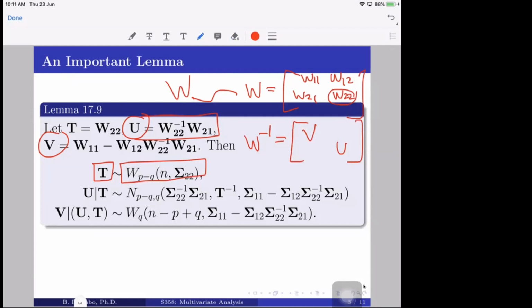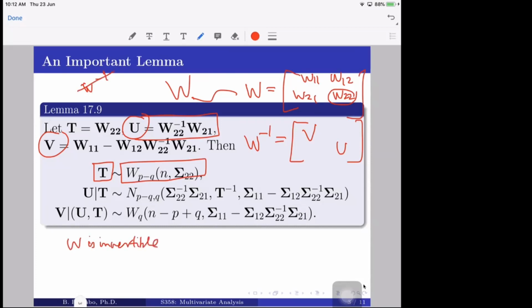Inverse of a matrix, V22. Yes, is inverted. So if the matrix is invertible, we know that W is invertible. So W inverse exists. And if W is invertible, it's still page 440.